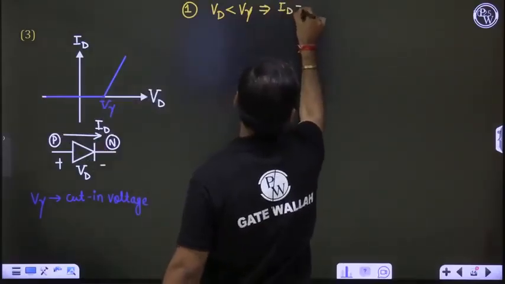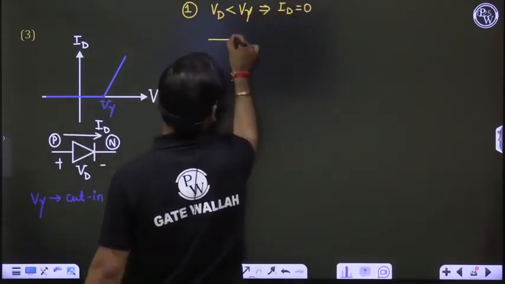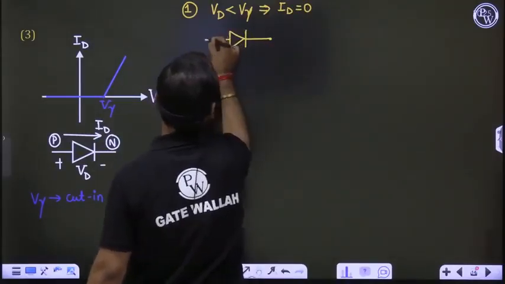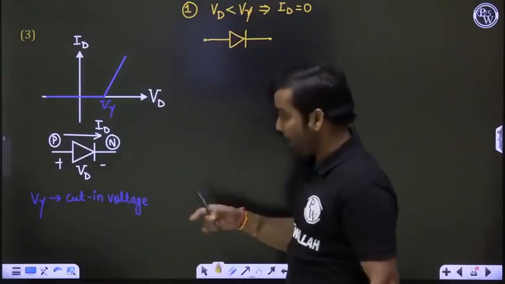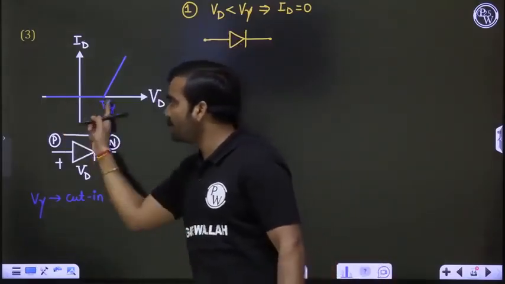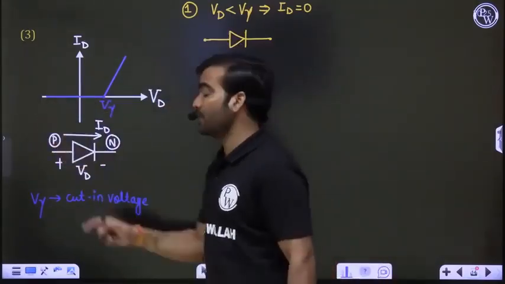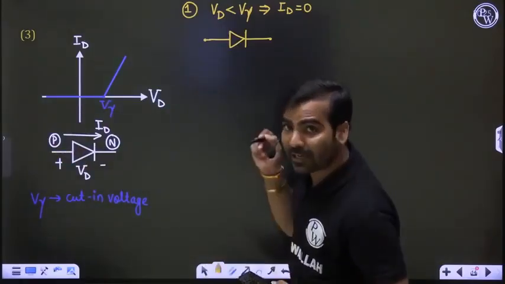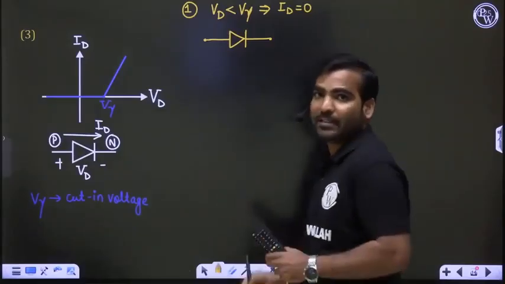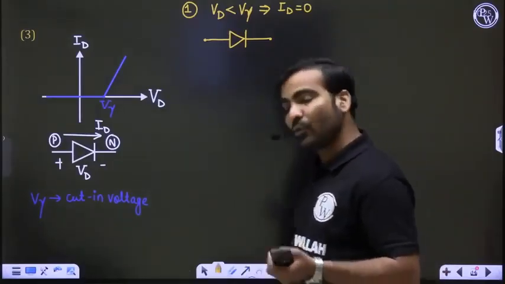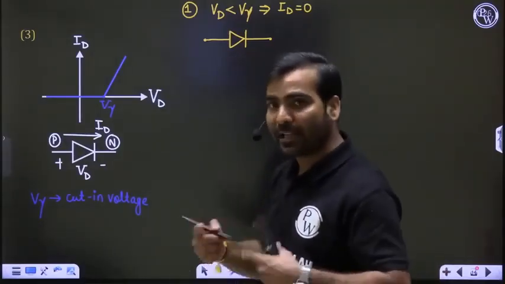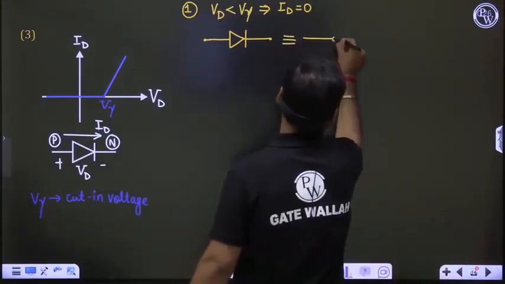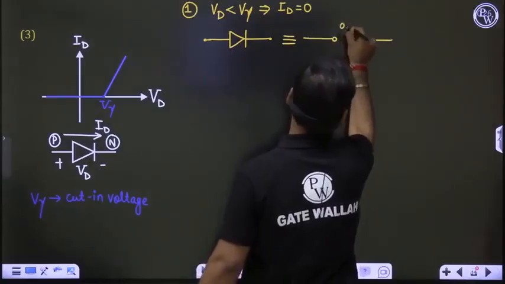Along with zero current, voltage can take any value, but current is zero, that is the must condition. Current is zero in the open circuit, and along with it can have any voltage. So the diode will be replaced by an open circuit. So again it is an off switch.